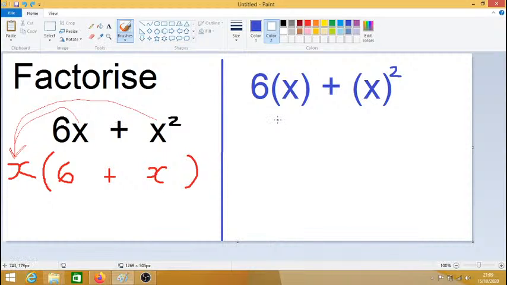So how would we factorize this? Well, we'd look for the common factor, and it would be the x, but it's probably easier to put the common factor as not just x, but the x with the brackets around it, since that's common to both. X and x without the brackets is really no different.